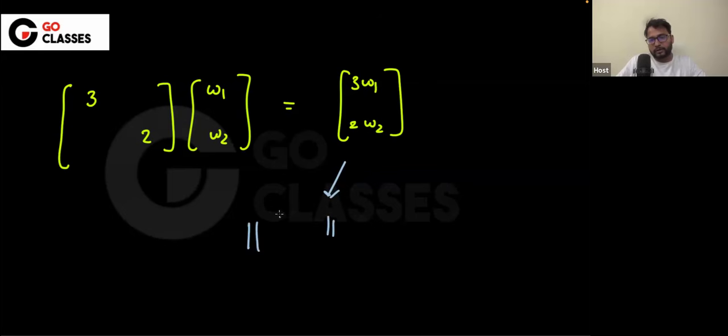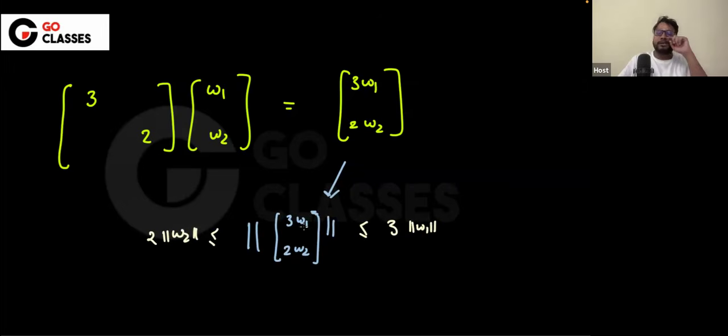Suppose I ask you the length of this vector, then what will you say? It will be less than or equal to 3 into the length of w1, and 2 into the length of w2.